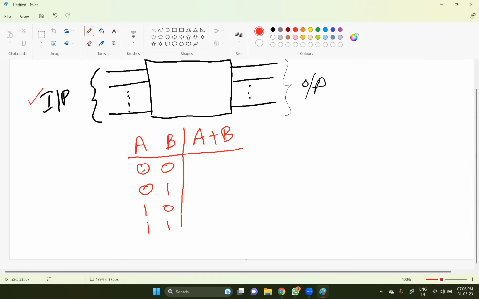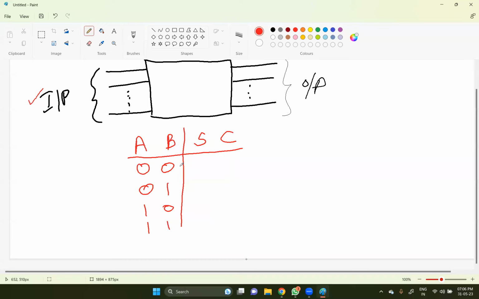Let me reconsider this A plus B in two formats. One is the sum, and the second one is the carry. Sometimes you may have a carry, sometimes you may not have any carry.